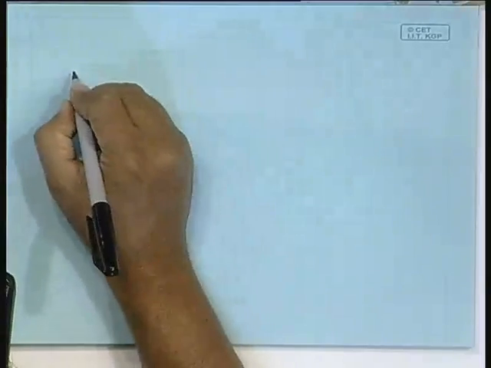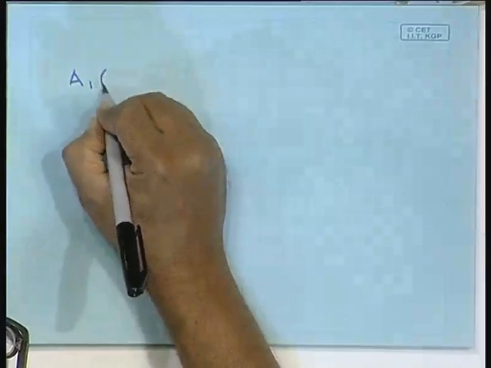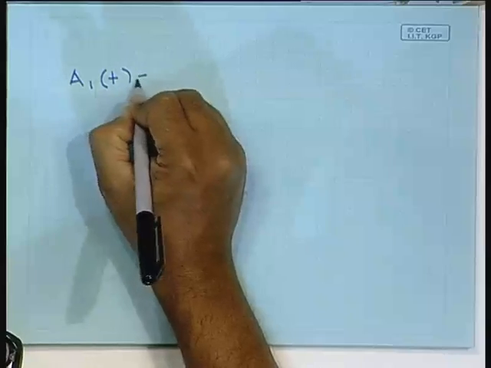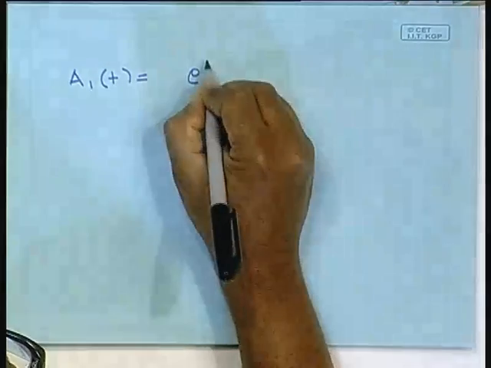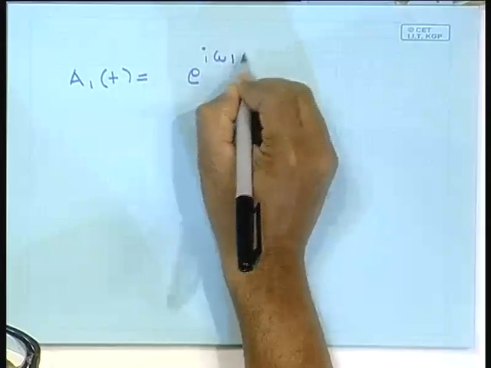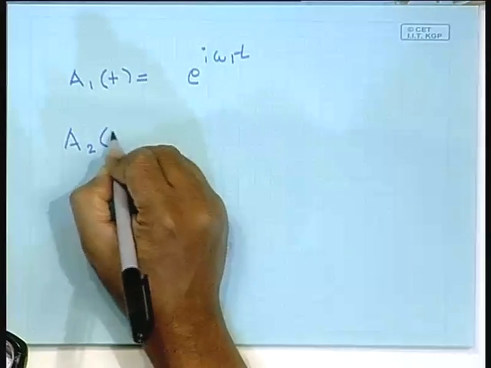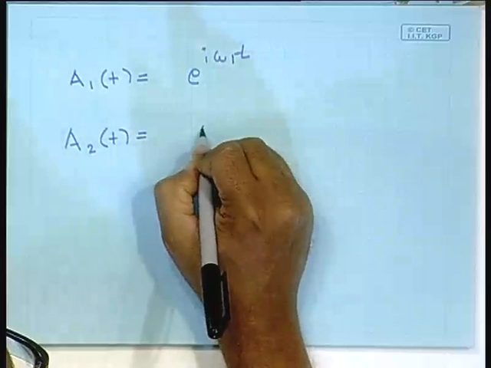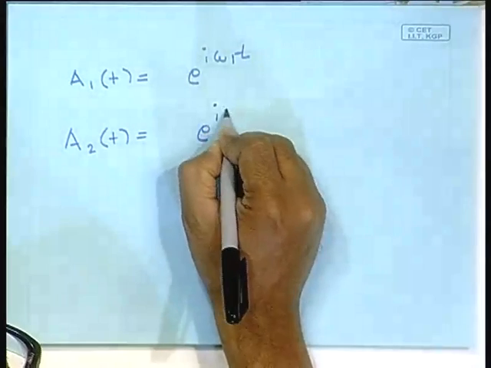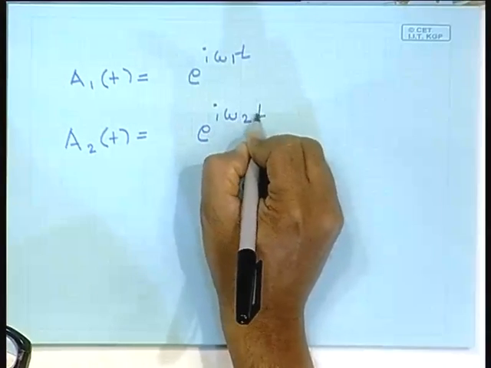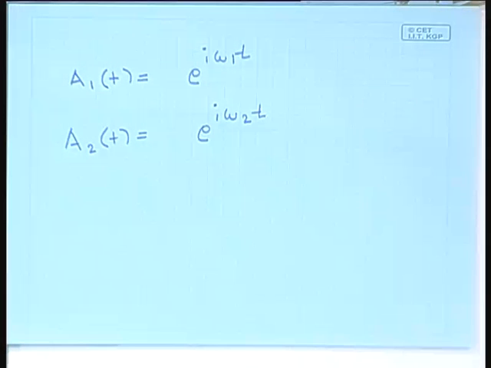So, let us consider two waves, one of a frequency omega 1, e to the power i omega 1 t, and A 2. So, we have two waves of two different frequencies.